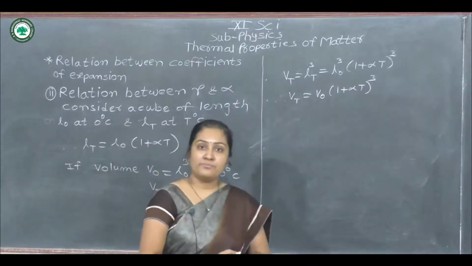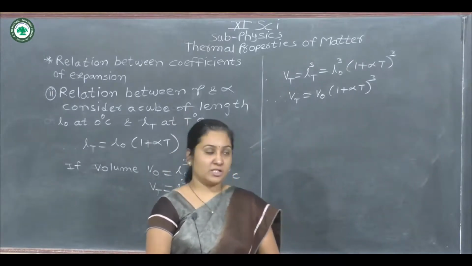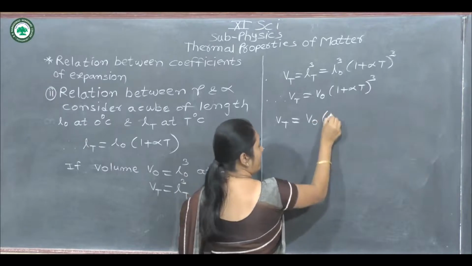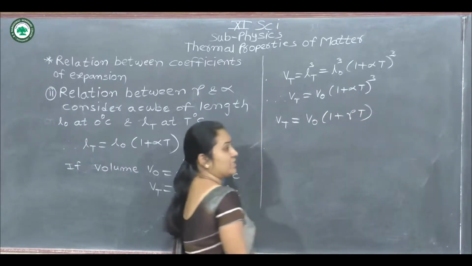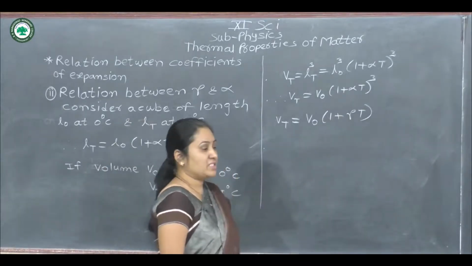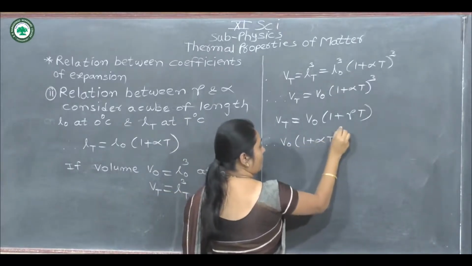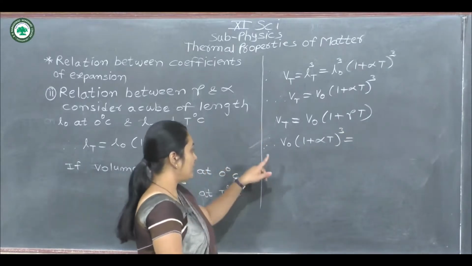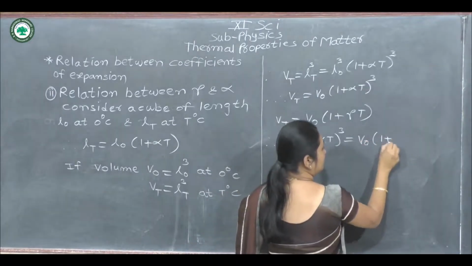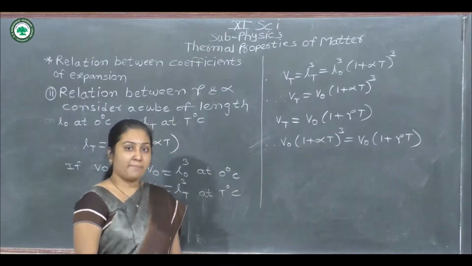Now from the formula of the coefficient of volume expansion, we have Vt equal to V0 in bracket 1 plus gamma T. By comparing these two equations, we have V0 in bracket 1 plus alpha T bracket cube equal to V0 in bracket 1 plus gamma T.